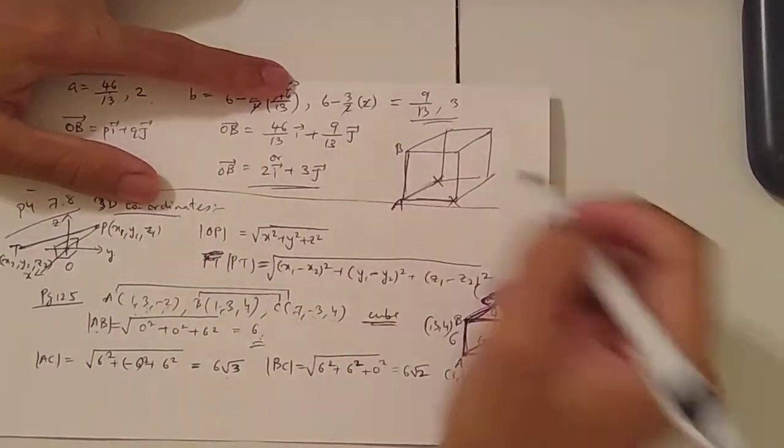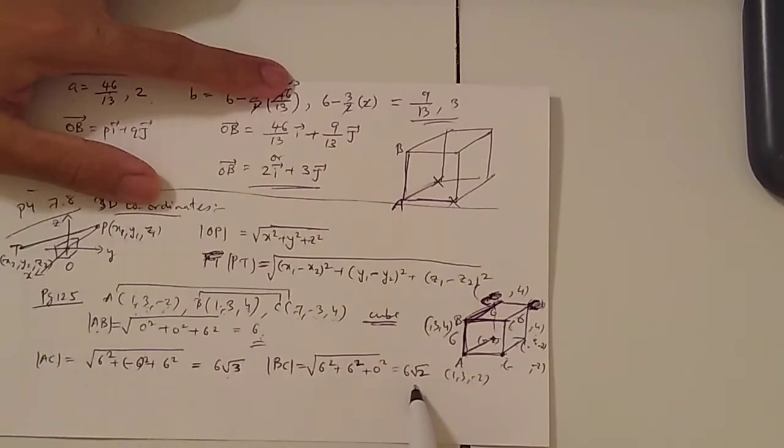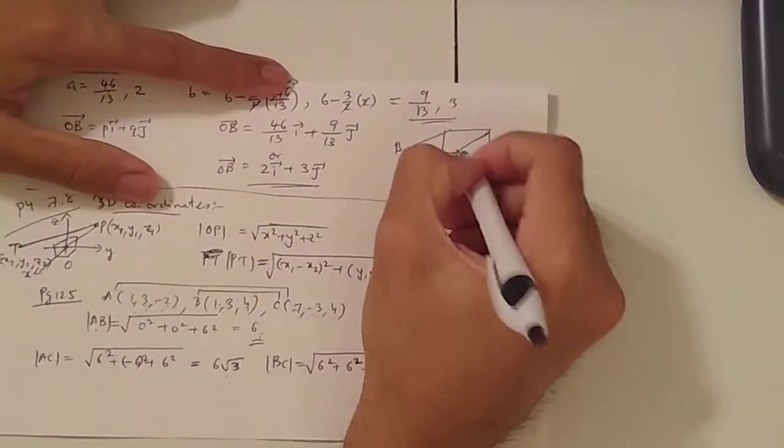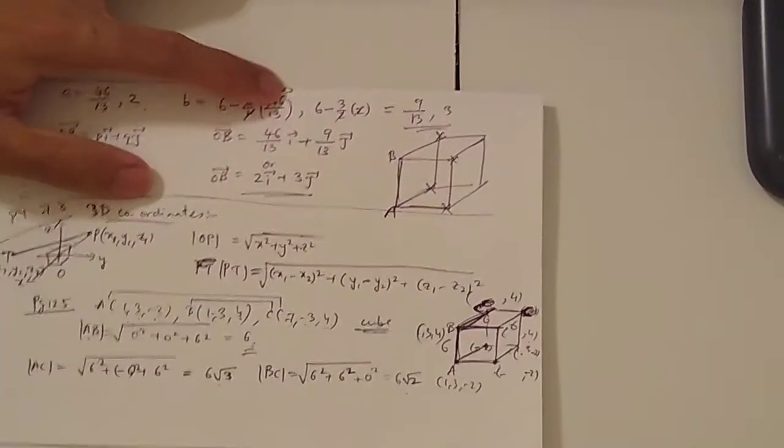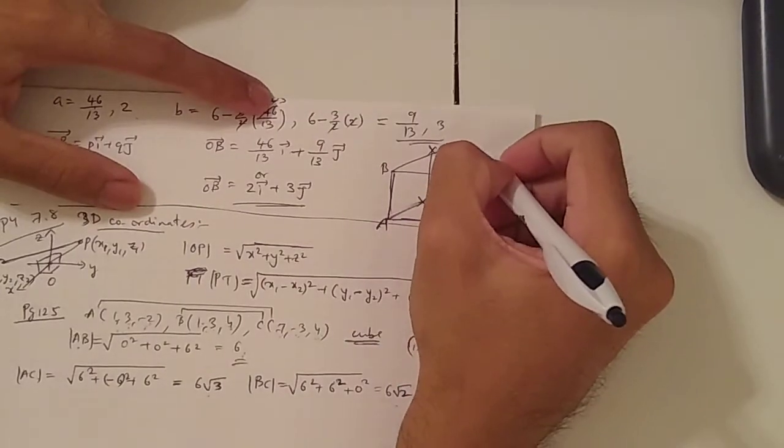And for B, since BC is not equal to 6 either, therefore this point is out, this point is out. Now we have one point over here. This is option number one.